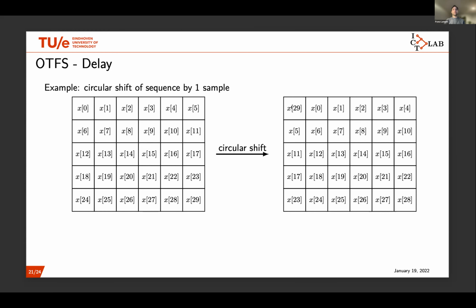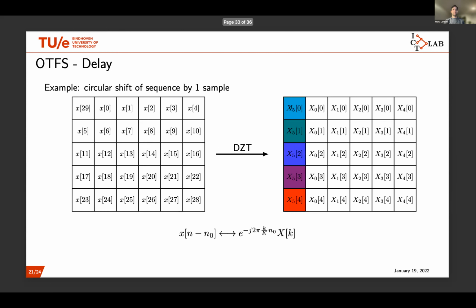So when we now do the Zak transform on this signal, again taking the Fourier transform along the columns of this matrix, what we can see is that all the symbols which were previously defined in the first row are now in the second row, and so on. But since the first row is now the previous last row, this is nothing else than a cyclic shifted sequence itself.